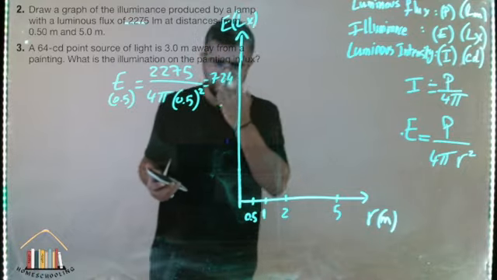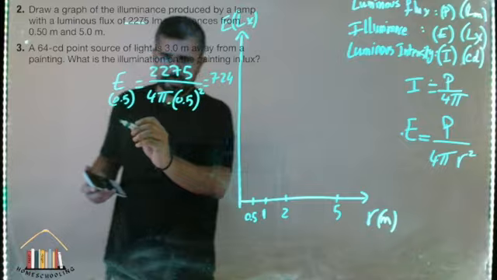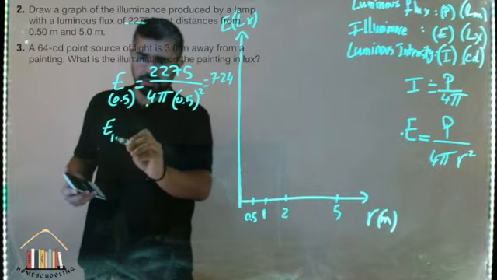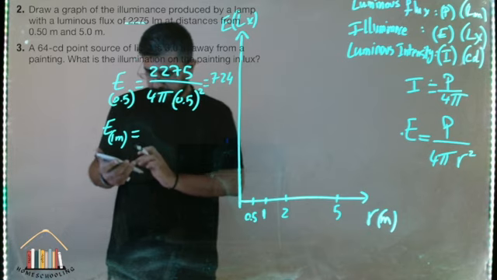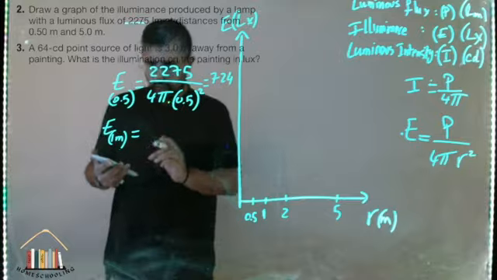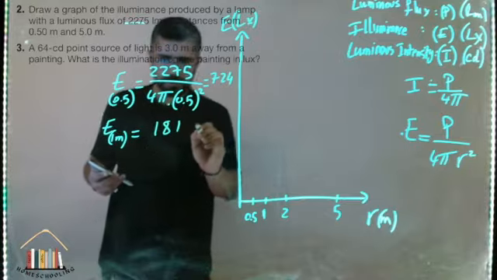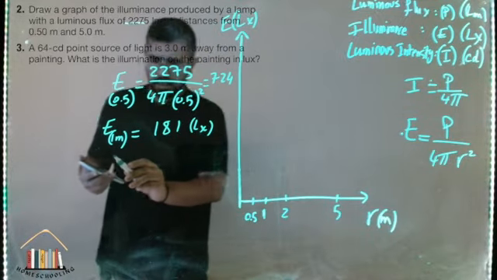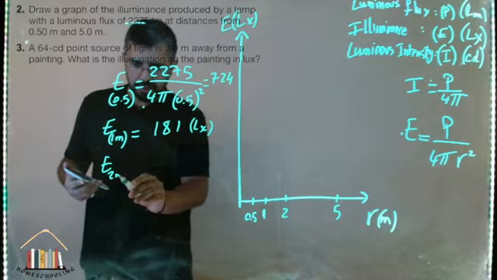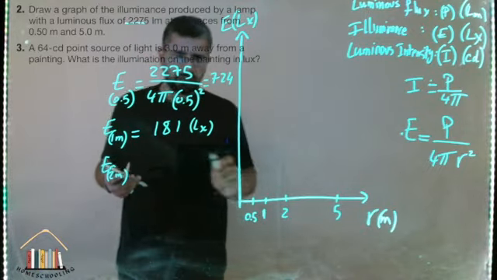724 lux. I'll do the same thing for E at 1 meter, and the value will be equal to 181 lux. I'll do the same thing for 2 meters, and then at the end we put the values on the graph.